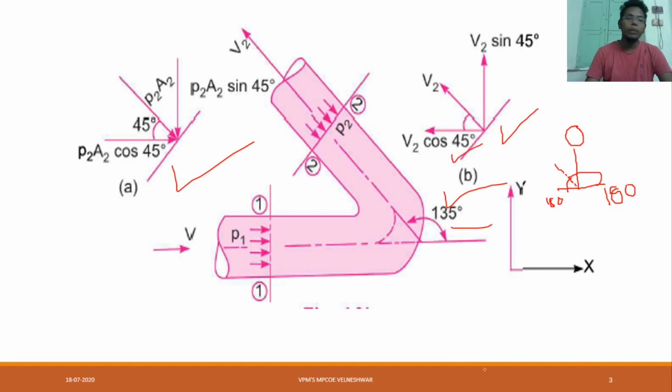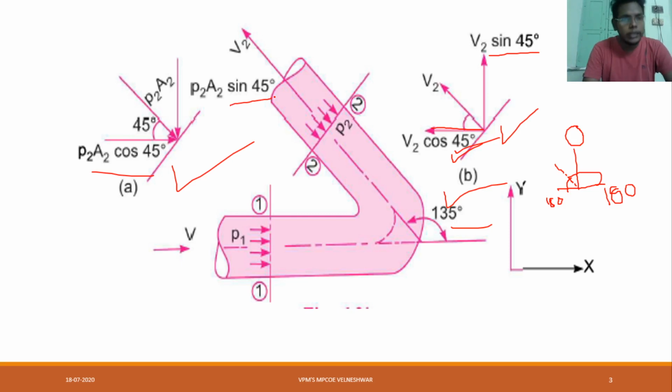In the V2 part, as it is going in the opposite direction, we have to take sine, and as it is going from the adjacent side, we take cos. Similarly here, adjacent side cos, and here, although it is coming forward, we still have to take it as the opposite direction. The value is sine 45.